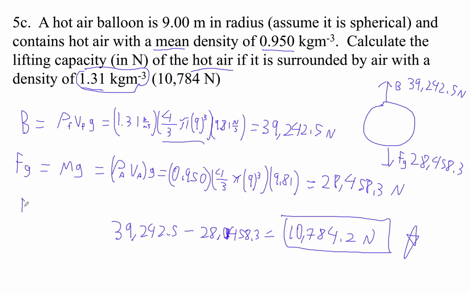The force is just B minus the force of gravity, which is rho of the cold air times the volume of the balloon times g, minus rho of the hot air times the volume of the balloon times g. So doesn't that sort of boil down to the density of the cold minus the density of the hot?